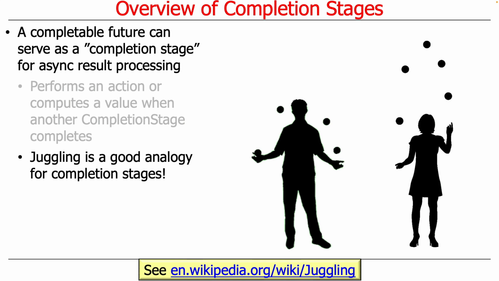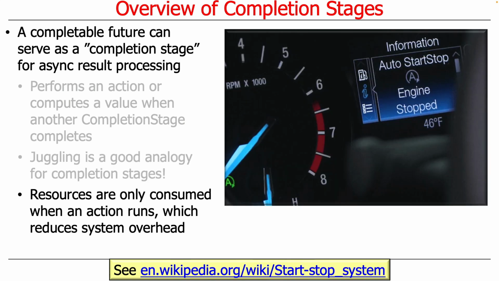And while they're juggling, you keep it in your hand just long enough to either throw it back up in the air or switch hands and throw it back up in the air. So the idea is to have lots of things up in the air. And the things that are up in the air are analogous to the operations that are running asynchronously. And the completion notion here is like catching the ball and then getting ready to throw it back up again. So that's kind of the way to think about this.